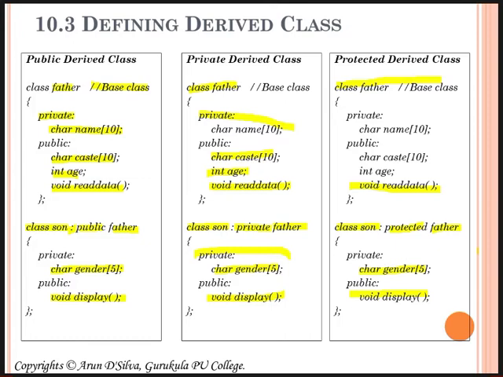How does it work if you are making use of public visibility mode, private visibility mode, or protected visibility mode? What are the differences?